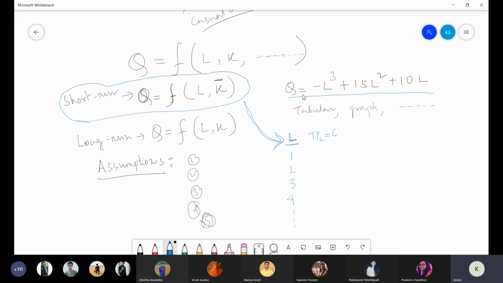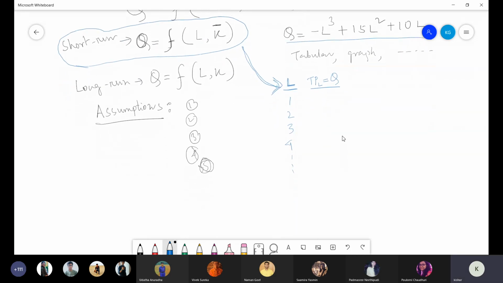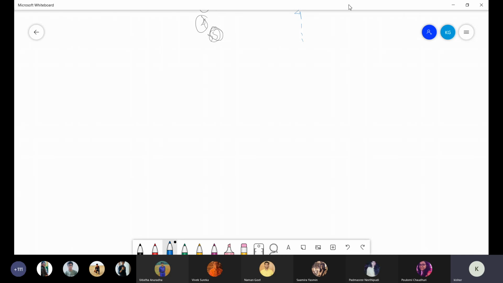This is nothing but Q. I'm writing it below. I think that will be better. Suppose Q equals minus L cube plus 15L square plus 10L. So first you put 1, 2, 3, 4 in that way.